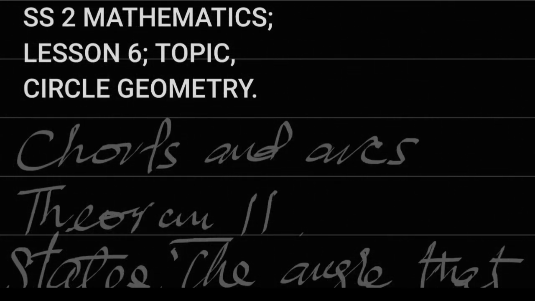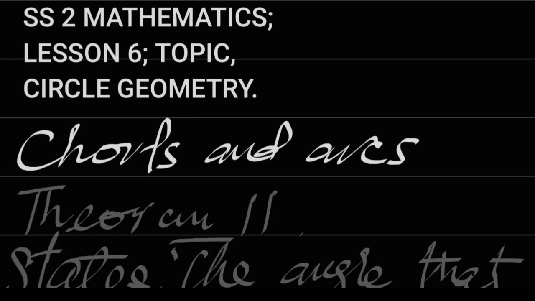I welcome you students to today's class. This is SS2 Mathematics class lesson 6. Our topic is circle geometry. In lesson 5, we started this topic, and we're dealing with chords and arcs.